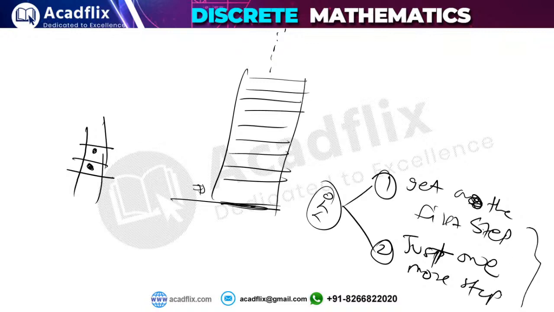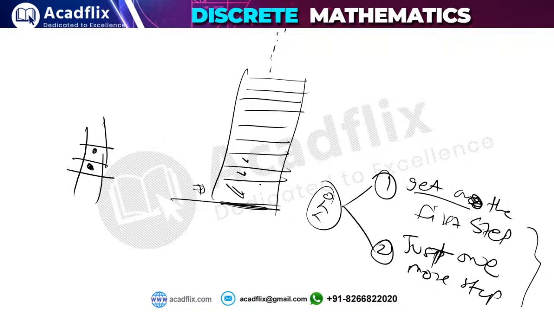Of course these two things seem easy, because you can easily get onto the first step. If you are here, then you just need to take one step and go here. That's it.